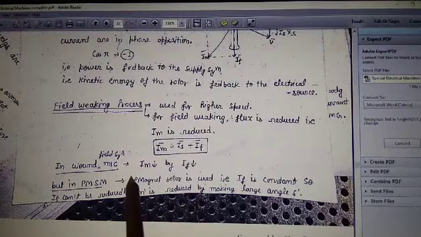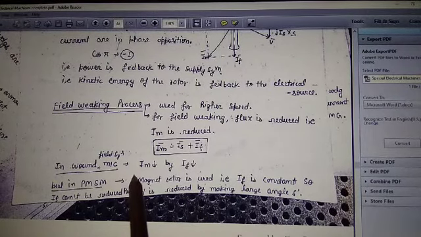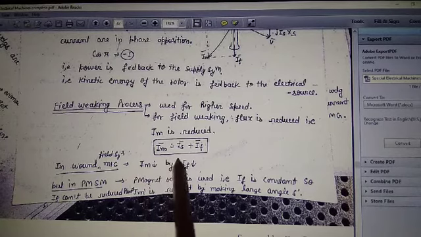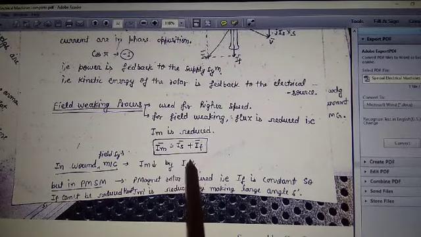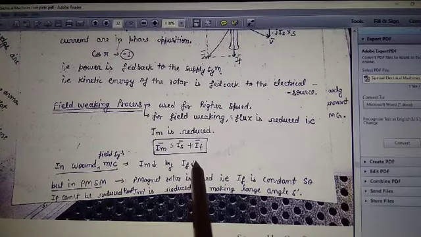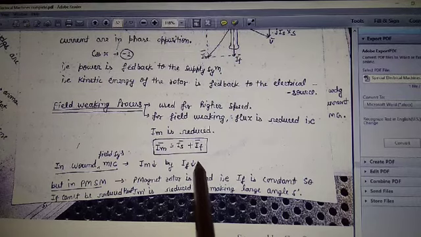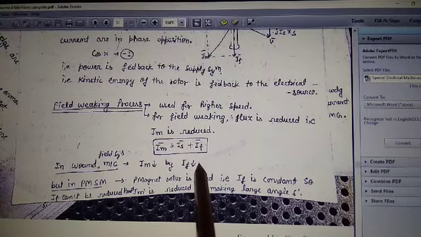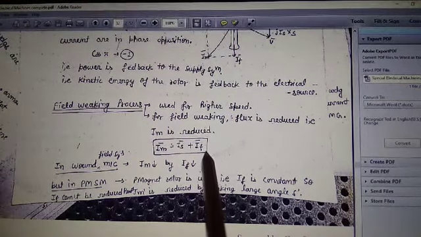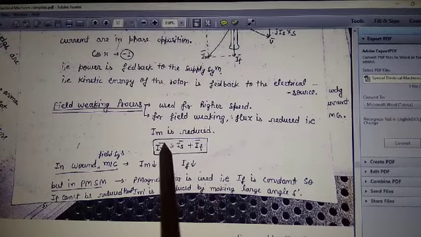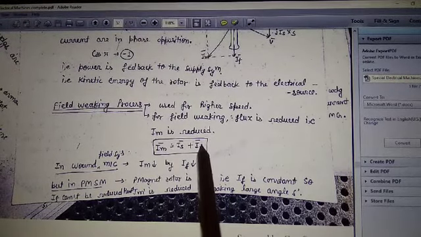But in the PMSM motor, because there is a permanent magnet on the rotor, we can't decrease the field current, because the rotor is fixed and it is mounted with the permanent magnet. That's why the field current is constant. We cannot decrease the magnetizing current by the field current.